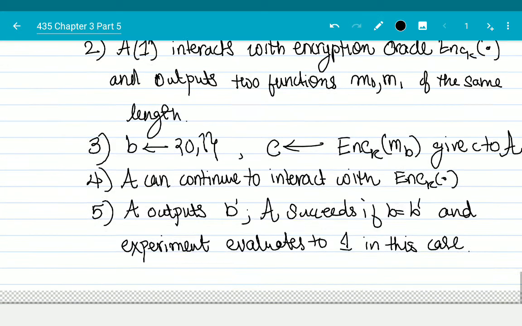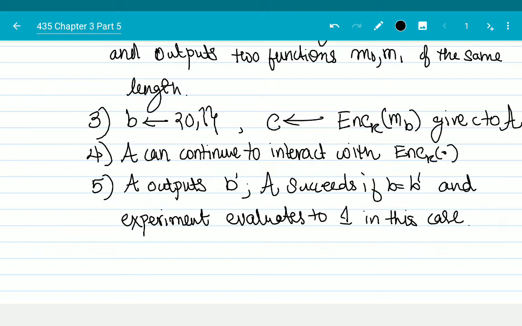This was my definition of the experiment, and I said that my system is secure against chosen plaintext attacks.